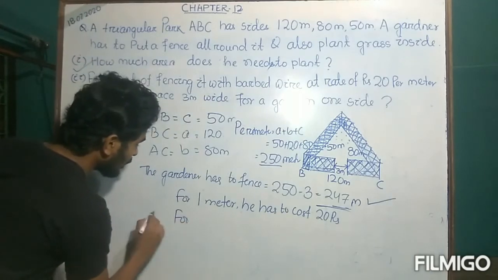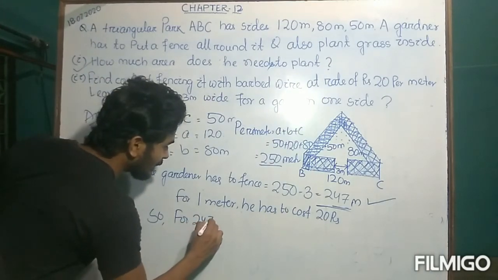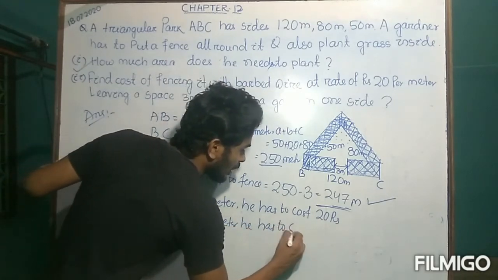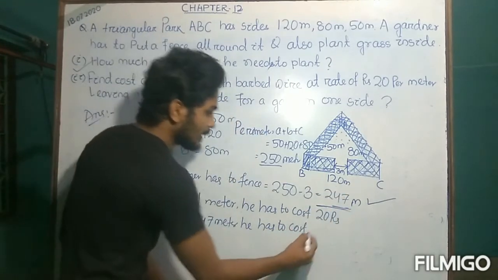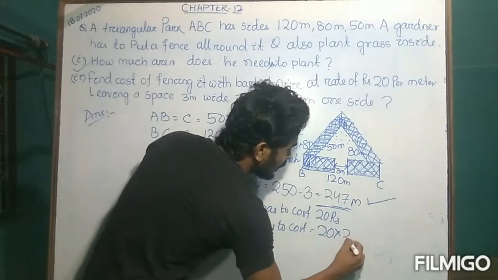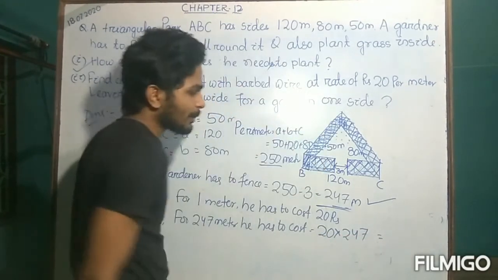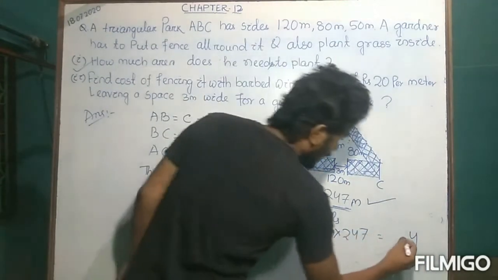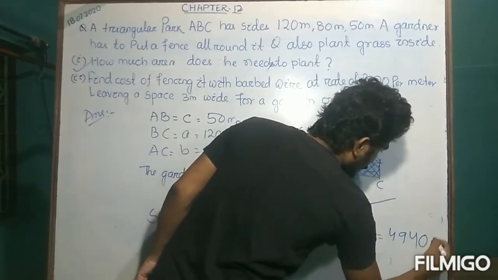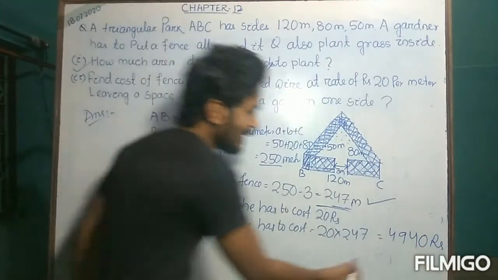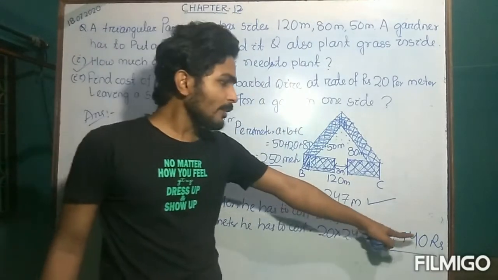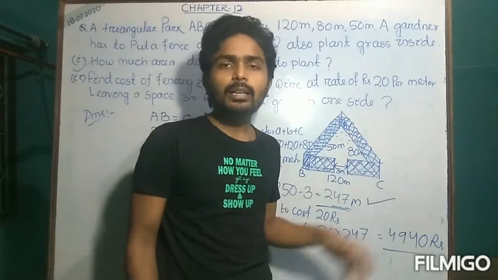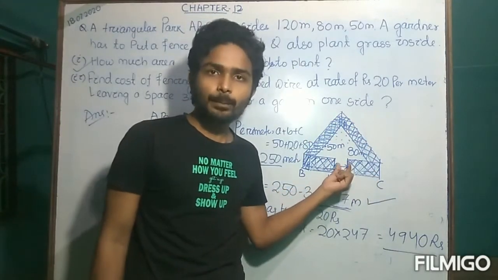So for 247 meter he has to cost how much money? 20 into 247. Okay, so it will be 4940 rupees. Clear? That means he has to spend 4940 rupees in order to build or in order to fence this total garden except this 3 meter. Clear?